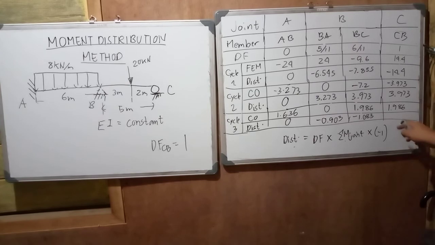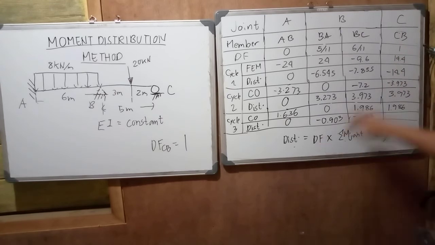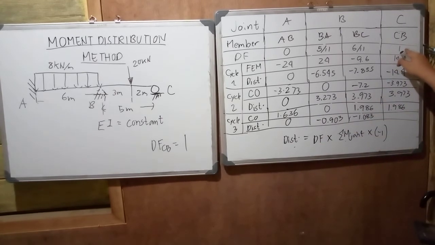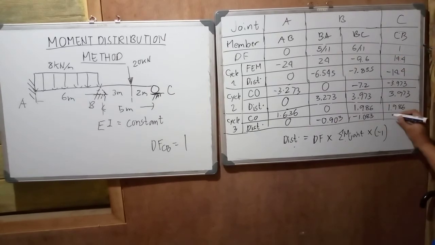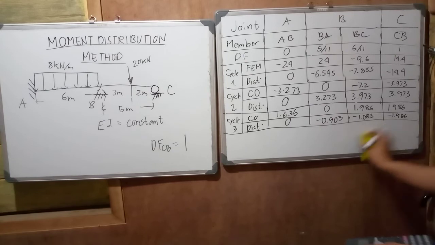So, next is ang distribution factor nitong 1.986. Ang summation of joint is 1.986 kasi isa lang member niya, no? At joint C. So, 1.986 times distribution factor of 1 is 1.986 times negative 1 is negative 1.986. Okay? We can actually stop dito.